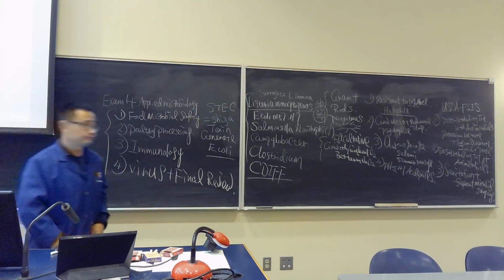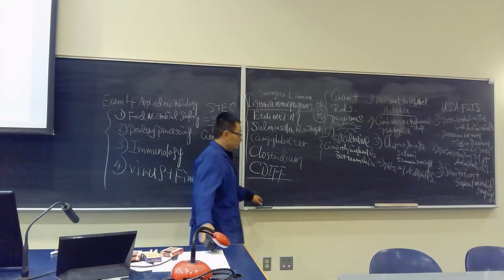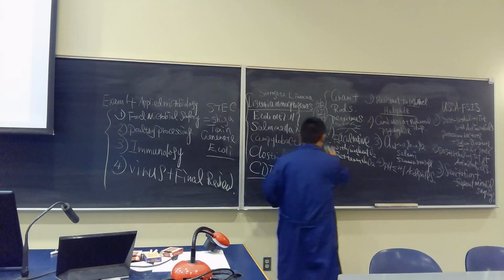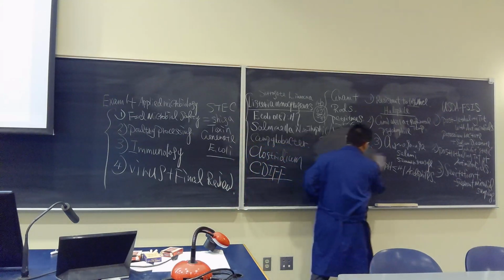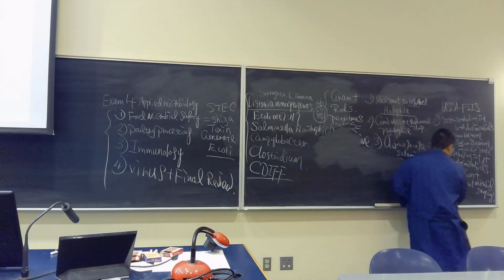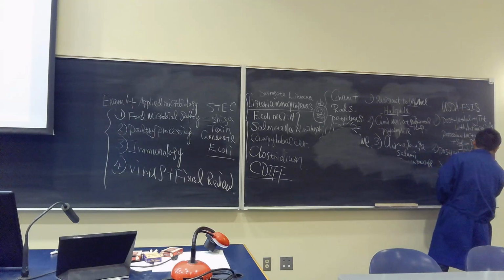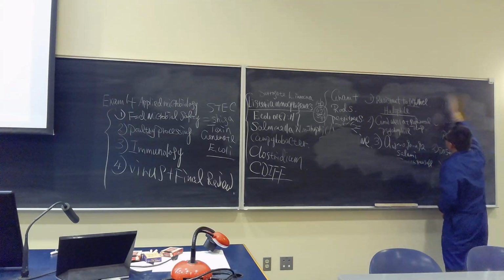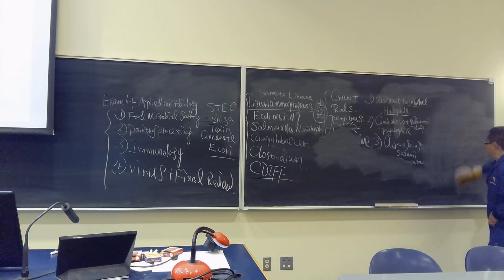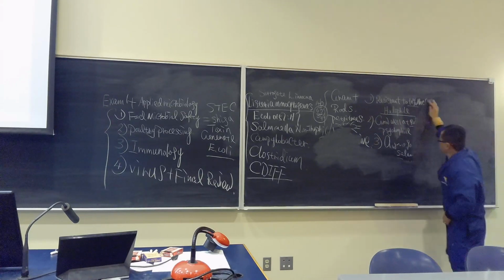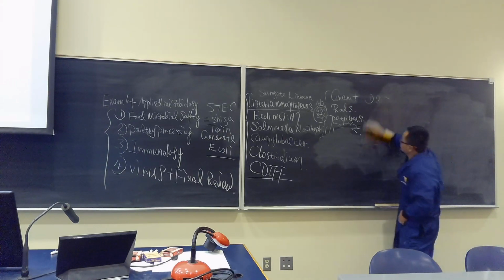Pathogenic E. coli. We already talked about this one. Remember the first day of the class? On the right side, I had been writing on the blackboard. E. coli is a little bit complicated. It is not that simple.